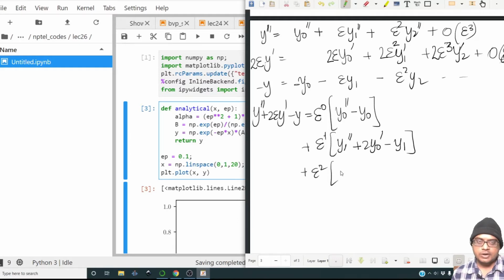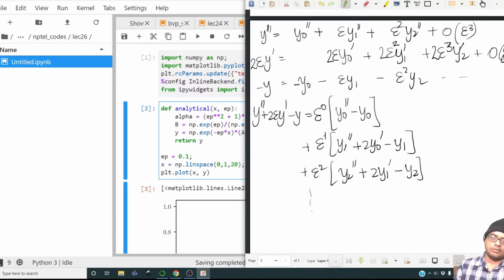Epsilon square will have y2 double prime plus 2 y1 prime minus y2, and so on, plus order epsilon cubed and so on.